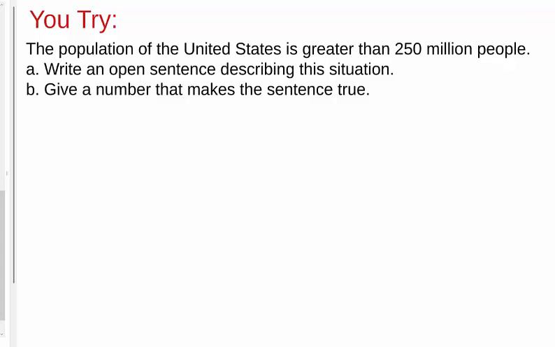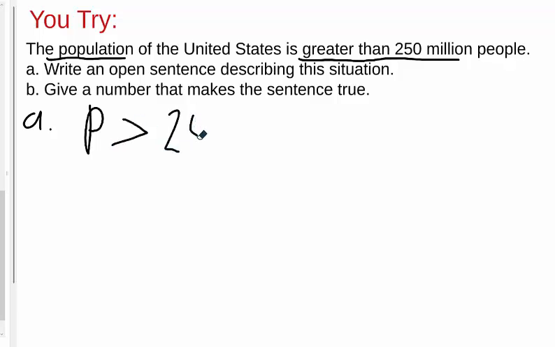All right, so population. Well, I like T for population. We have greater than 250 million. Now, in this case, I'm going to show you 2 ways to do this. Both I have no problem with. So, population, let's call this part A, T greater than 250 million.